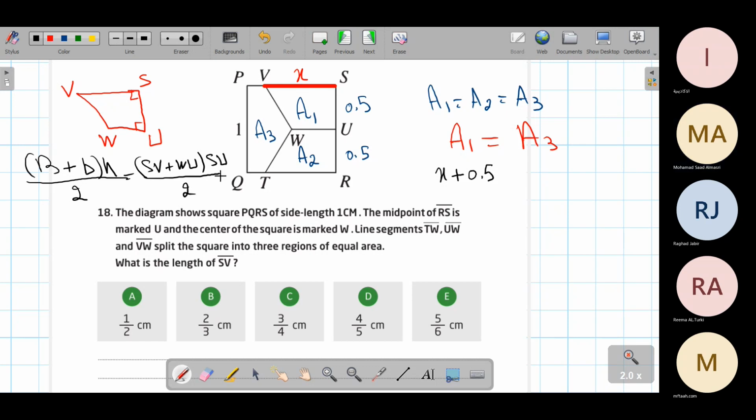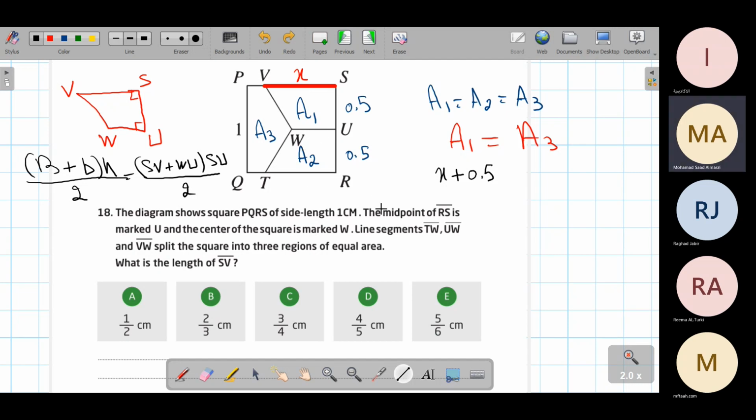Again, guys, this one is 1 centimeter, because the distance between the two sides is equal to the side. So it's 1 centimeter. I want half of this distance. Why half? Because W is the center of the square.